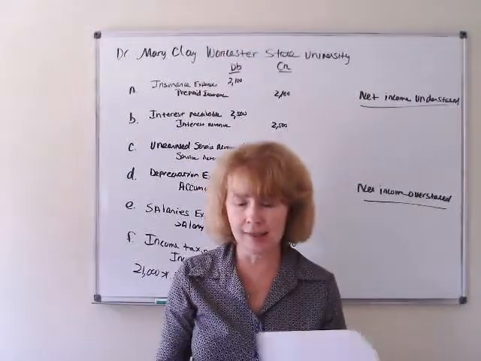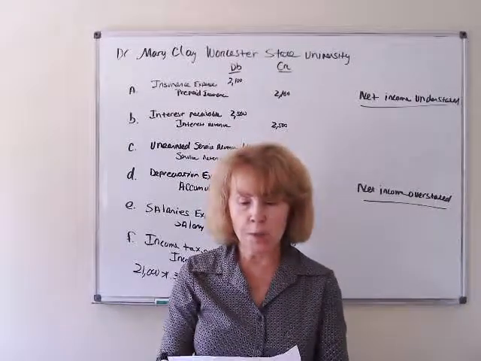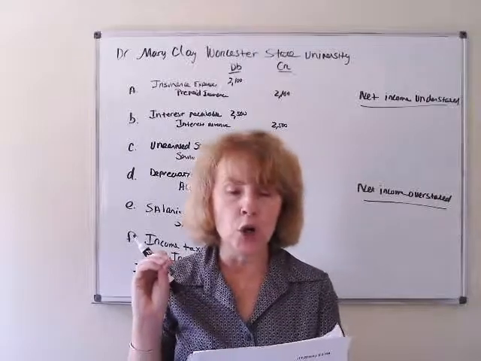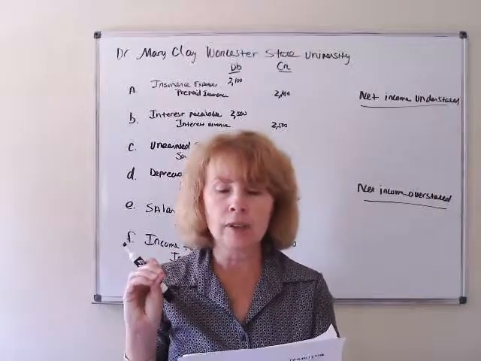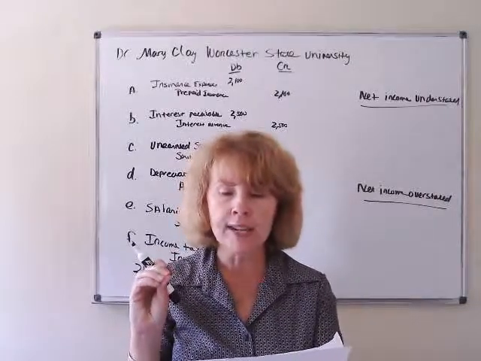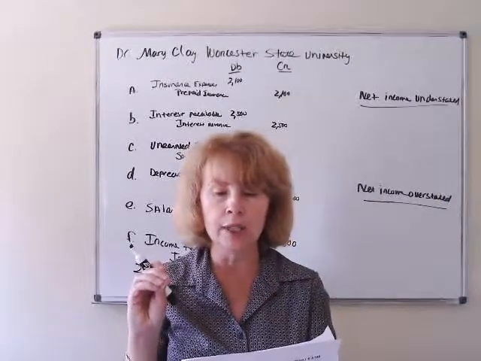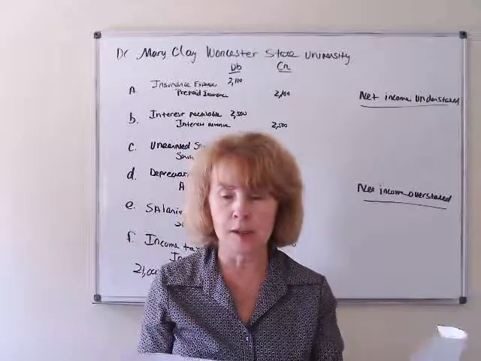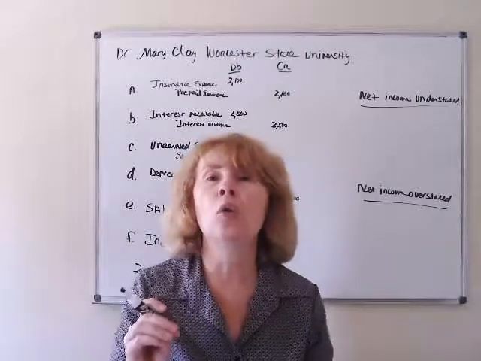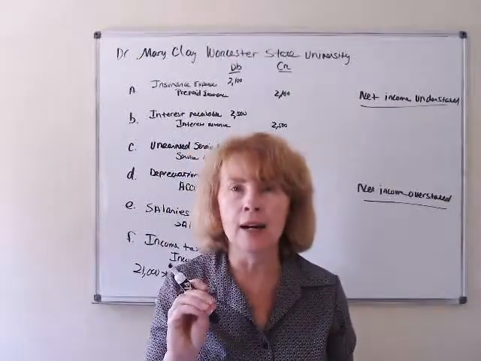Here's what it says on the second part. Suppose the adjustments were not made. Calculate the overall overstatement or understatement of net income resulting from omission of these adjustments. Okay, it's only asking for net income.